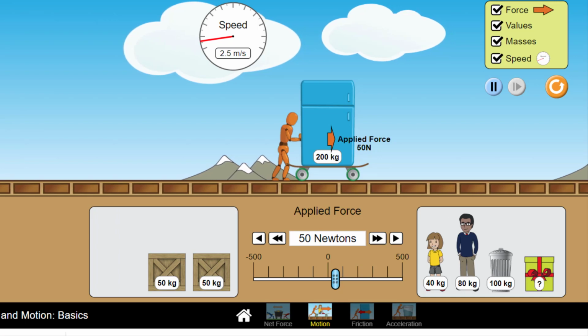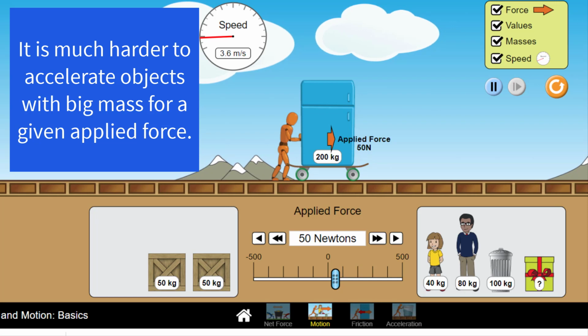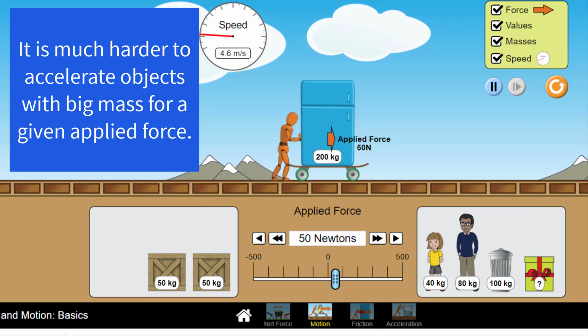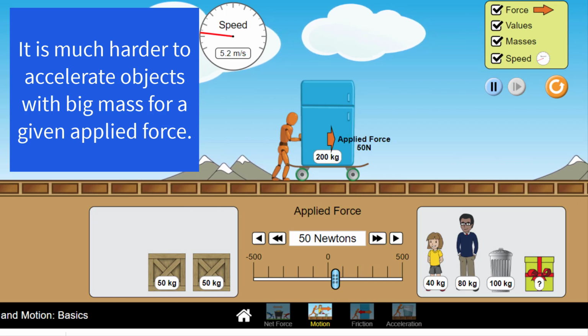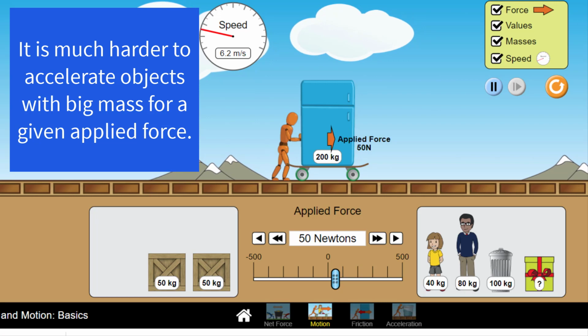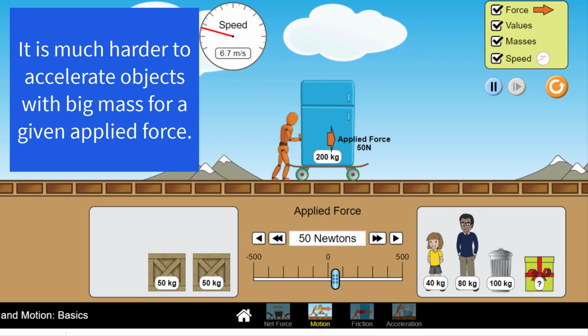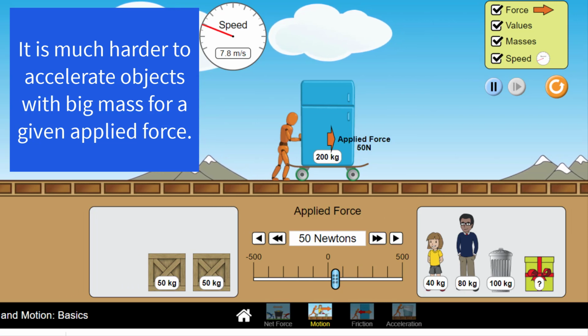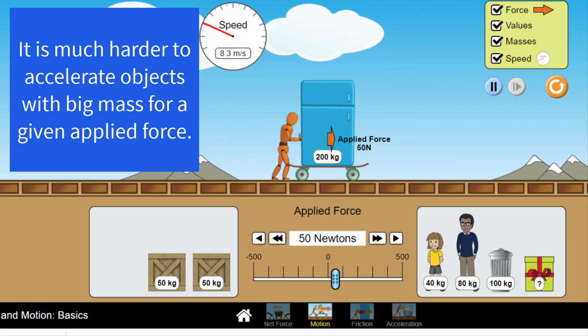The bigger the value of the mass, the harder it is to accelerate for a given force. You can see the speedometer there slowly creeping up, which means that even though this man is pushing with 50 newtons, the acceleration is a lot less. We can learn a lot from that: if we increase the mass for a given applied force, then the acceleration is less.